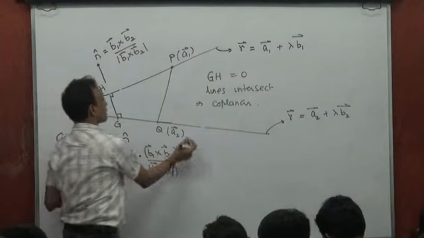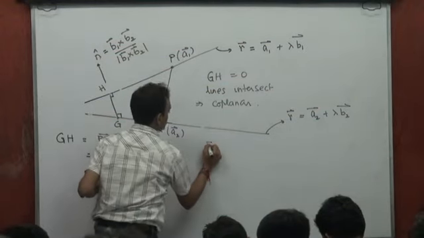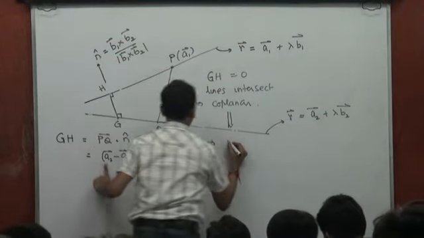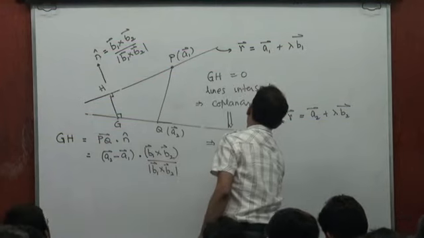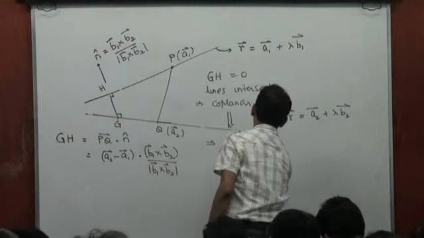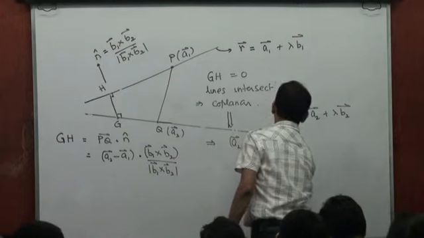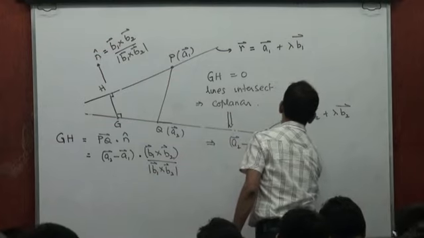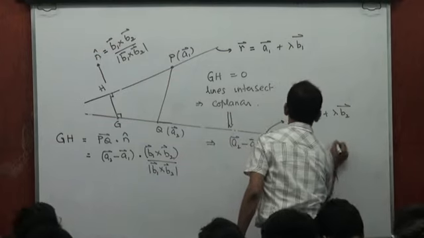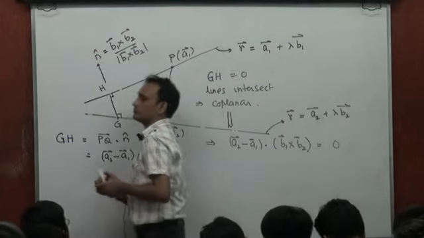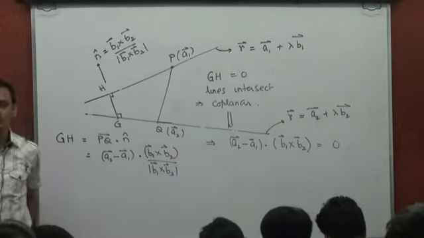Coplanar means GH equal to 0 would imply A2 minus A1 dot B1 cross B2 equal to 0. The numerator of this equal to 0.